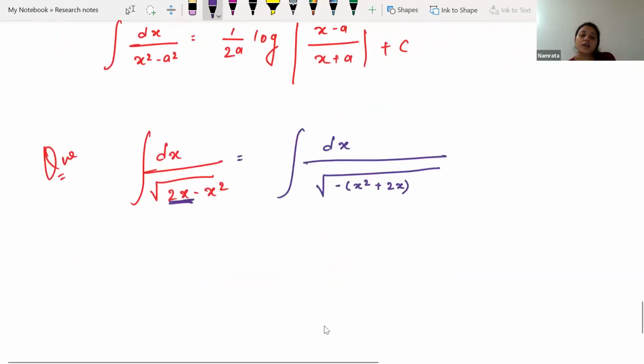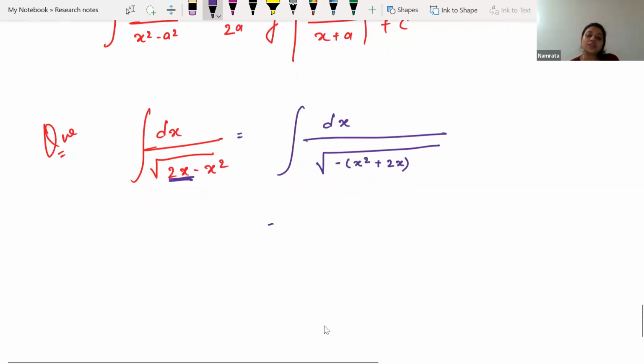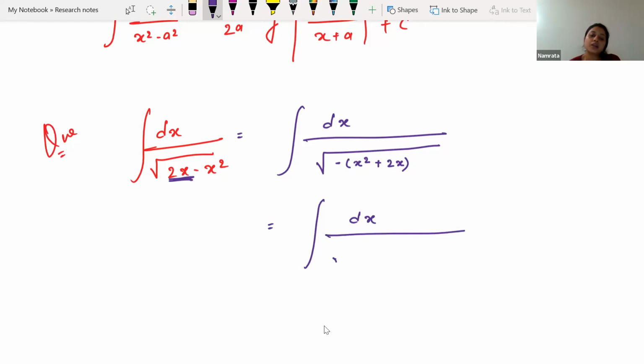After that, dx by under root, minus is out, a square minus 2ab plus b square, where 2 into a into b is the middle term. In place of b, 1 is there. So we are supposed to add 1 square and then subtract 1 square. Is it clear to everyone what exactly I am doing?